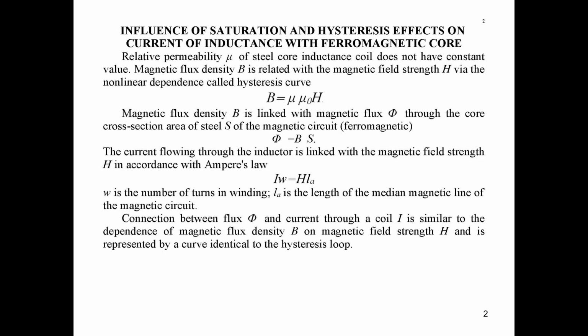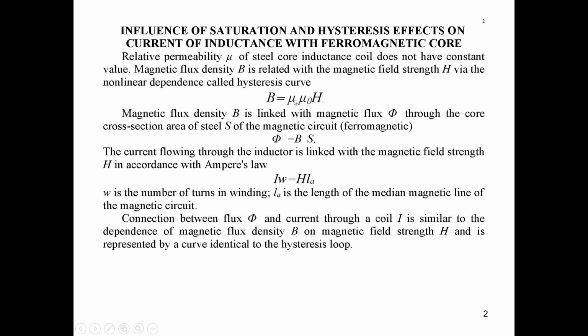Mu 0 is equal to 4 multiplied by pi multiplied by 10 to the power minus 7 henry per meter.